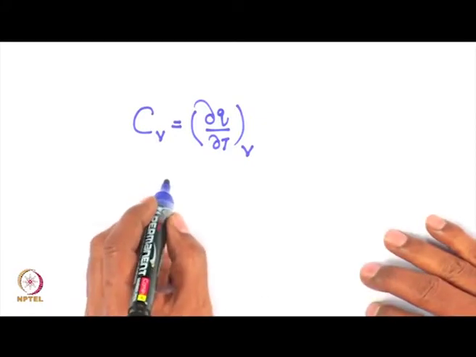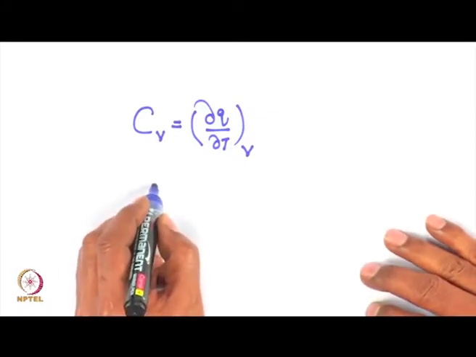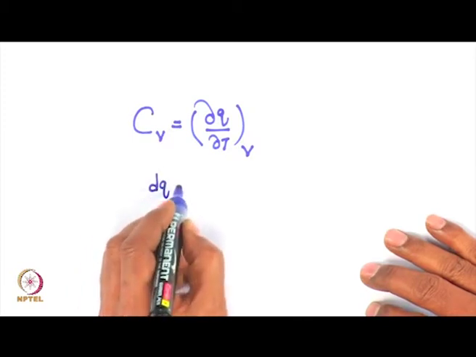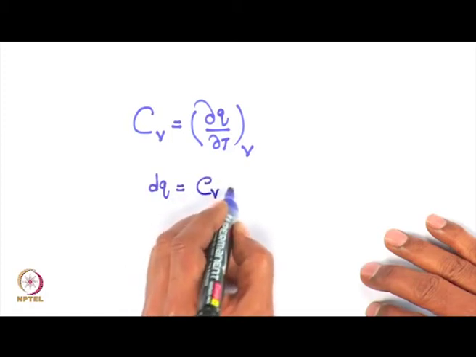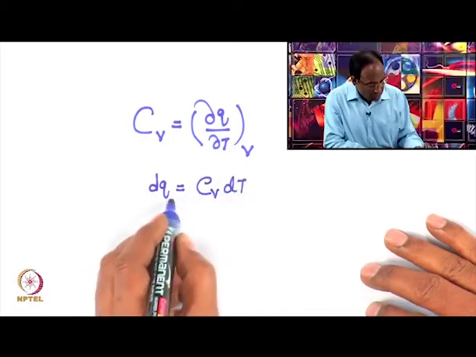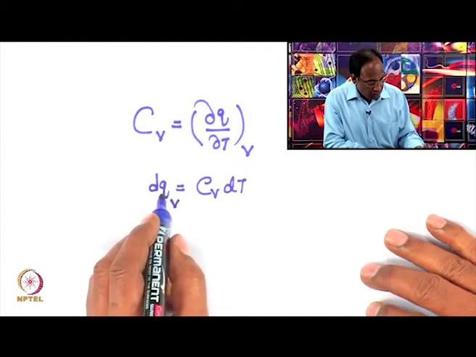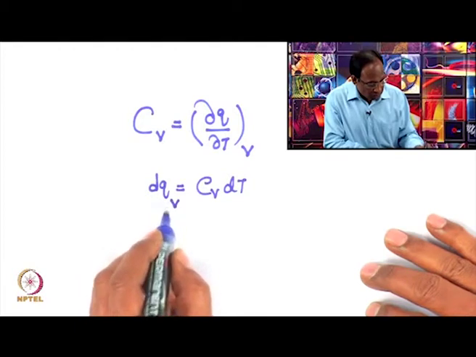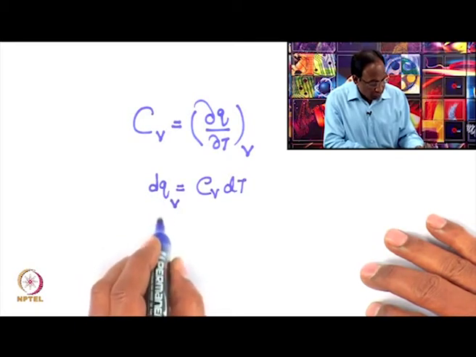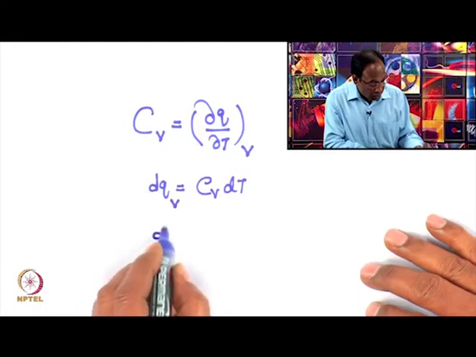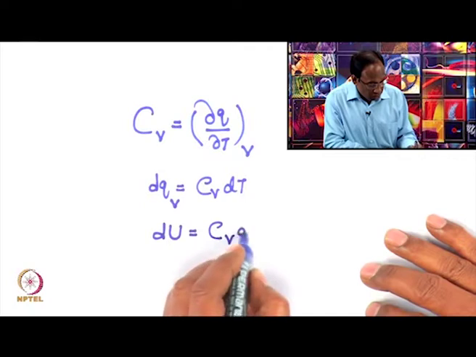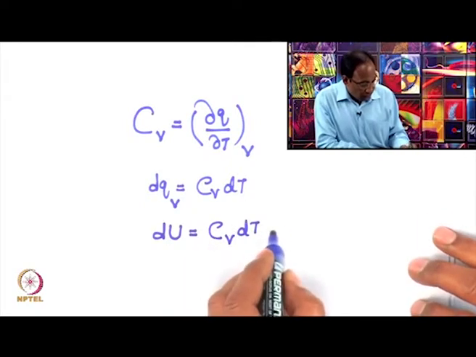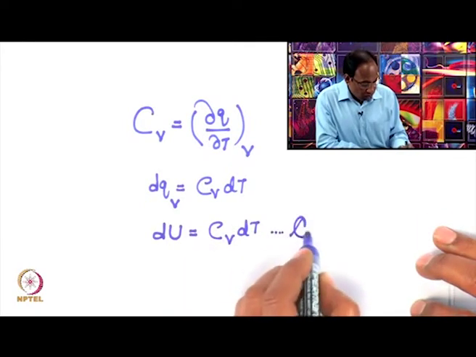And from this equation, I can write that dq is equal to Cv dT at constant volume, and we have just shown that dq at constant volume is equal to dU is equal to Cv dT, and what is the constraint?